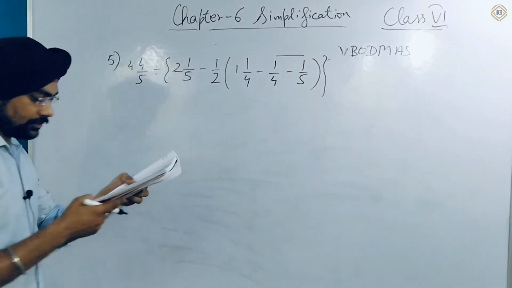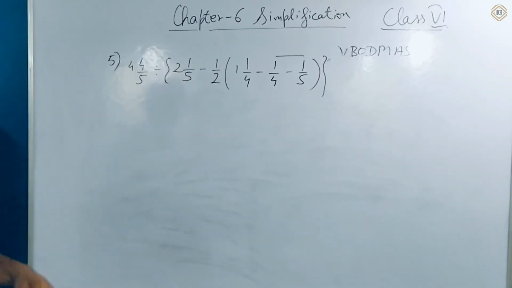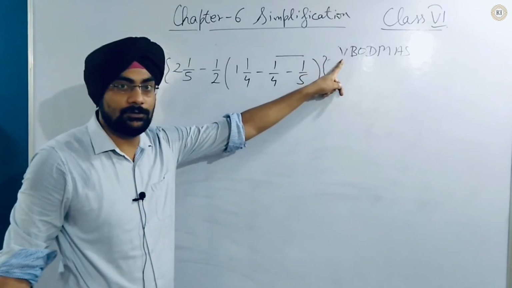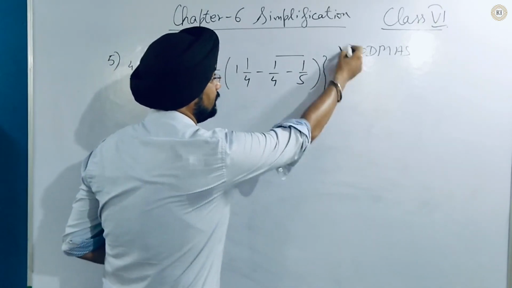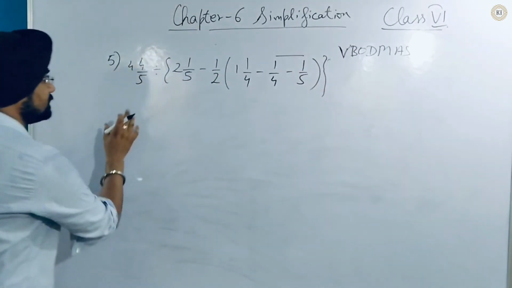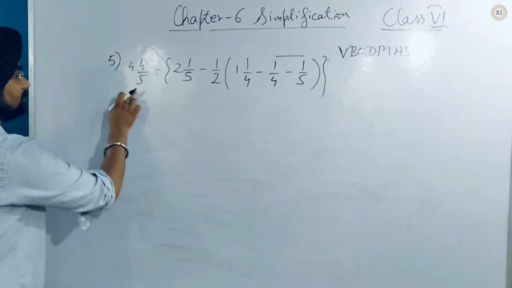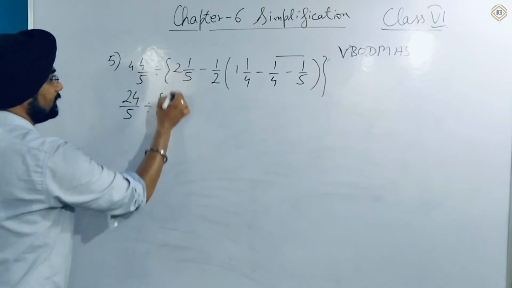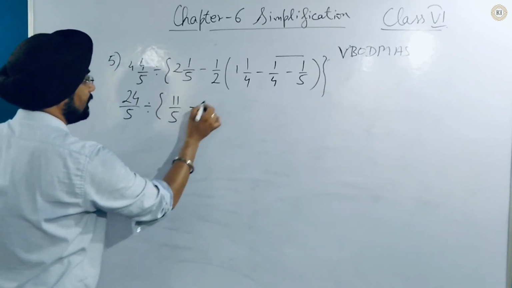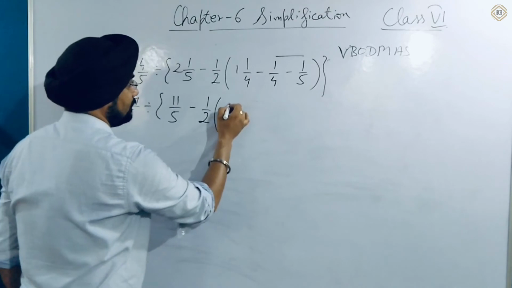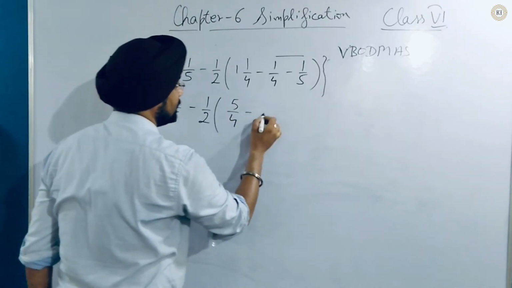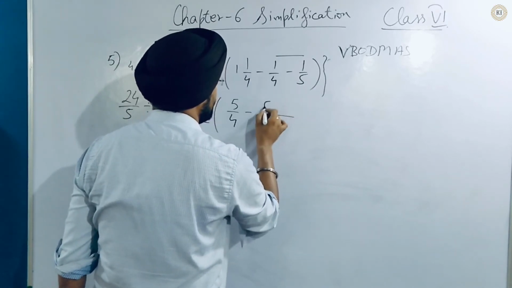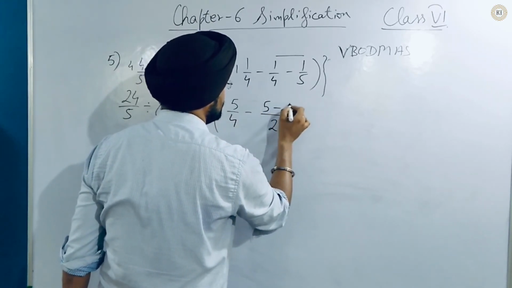Now in this question you will find that there is a vinculum. So first of all we are going to solve this vinculum according to the rule: vinculum or bar, then bracket. The other values we are not going to disturb. It will come 24 upon 5, divide 11 by 5 minus 1 by 2, it will come 5 by 4 minus LCM will be 20 here, it will come 5 minus 4.